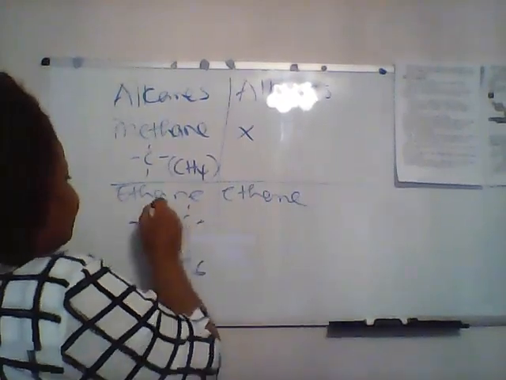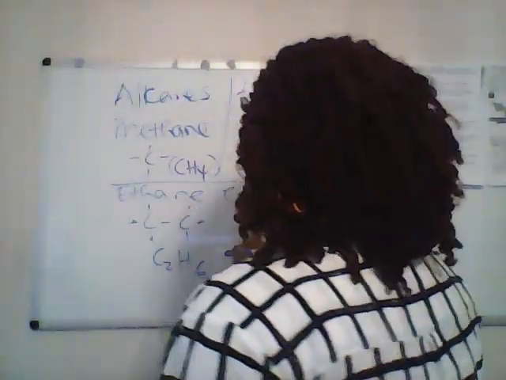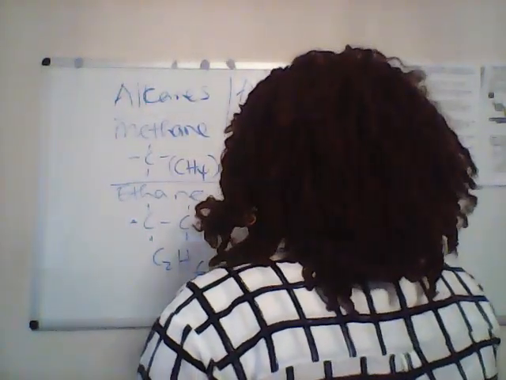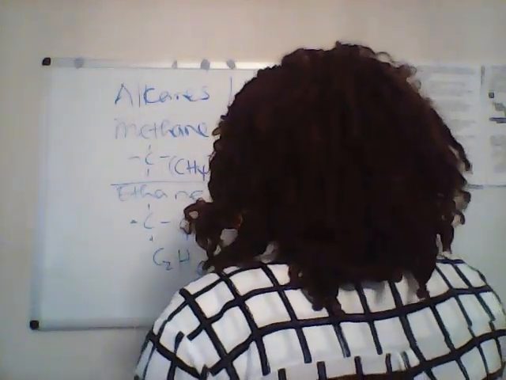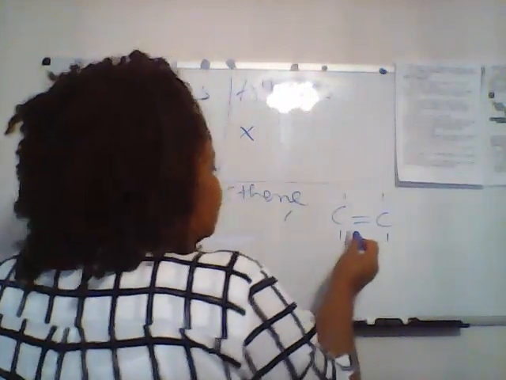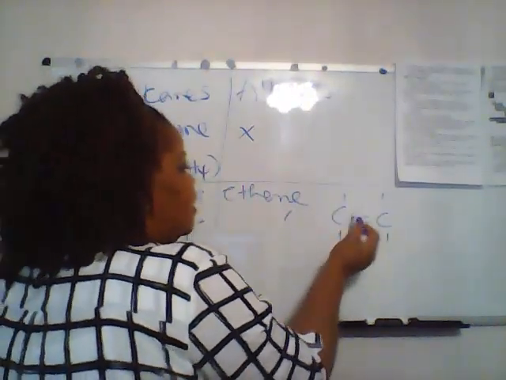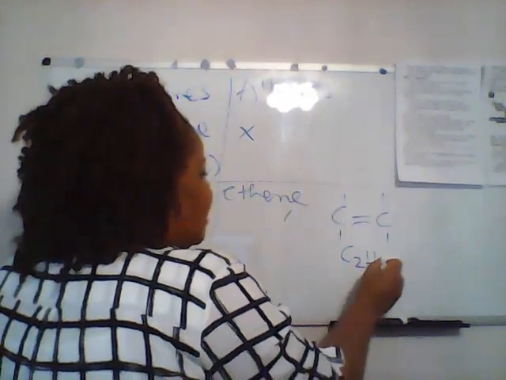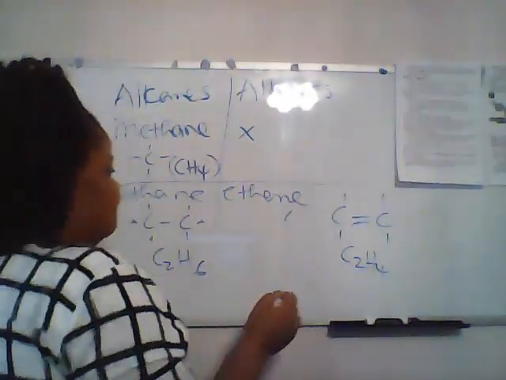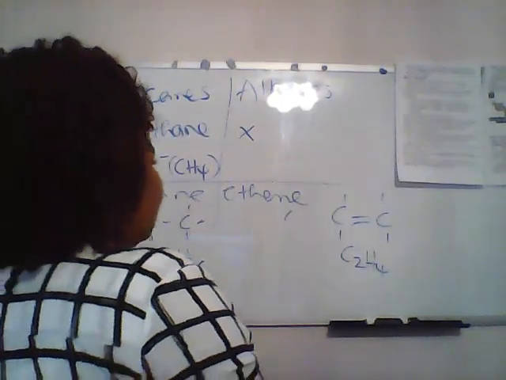C2H6 because 1, 2, 3, 4, 5, 6. And ethene has two carbon atoms and four hydrogen atoms. If you were to count, it would be 1, 2, 3, 4 for this carbon, 1, 2, 3, 4 for that carbon. So this is C2H4. That is ethene, the first form of alkene.